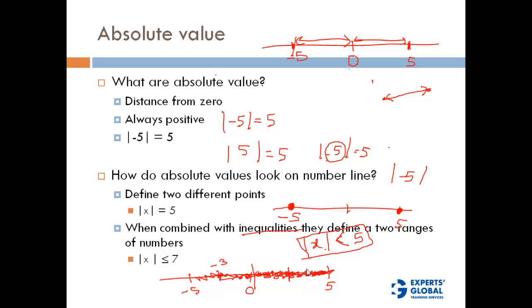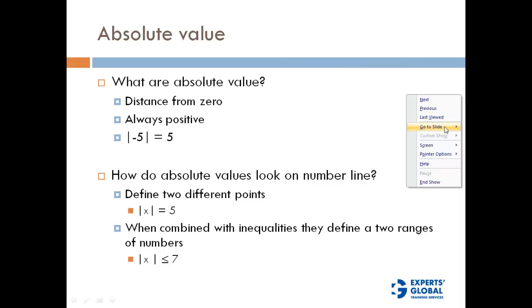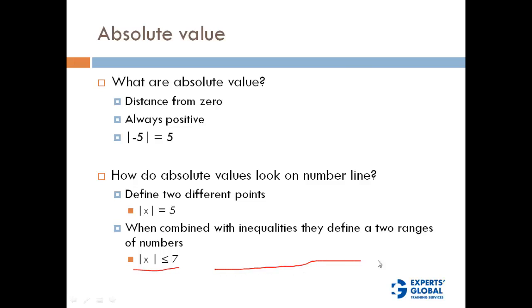Let's say, for example, another example I want to give you here is modulus of x less than or equal to 7, right? Modulus of x less than or equal to 7. So that means again we are talking about 0, and the areas of interest are going to be between 0 and 7, and the other area is going to be 0 and -7.